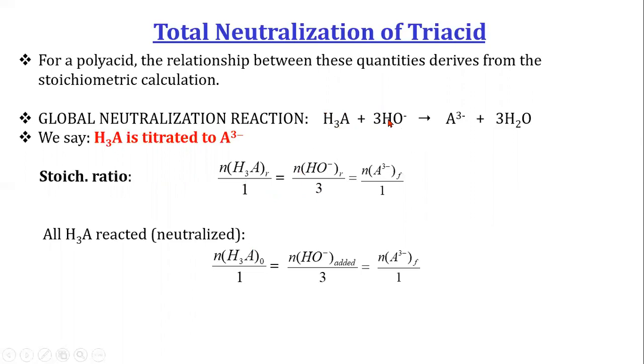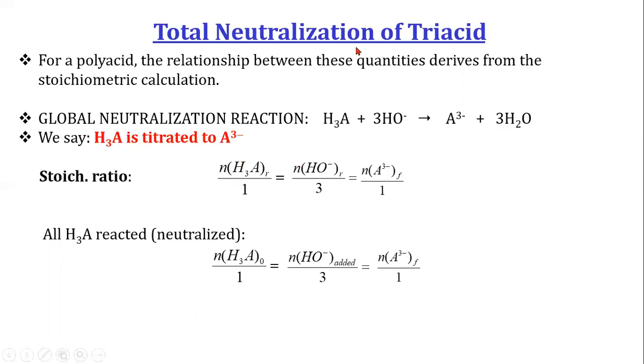And this equation can be translated into this stoichiometric ratio in terms of moles. So the number of moles of sodium hydroxide reacted in this reaction should be divided by 3 to get the correct stoichiometry. So if I want to compare the number of moles for 1 mole of this acid, I have to multiply that by 3.